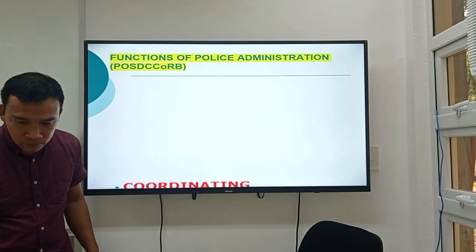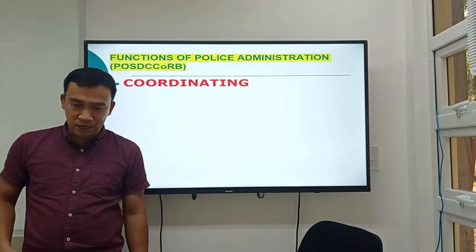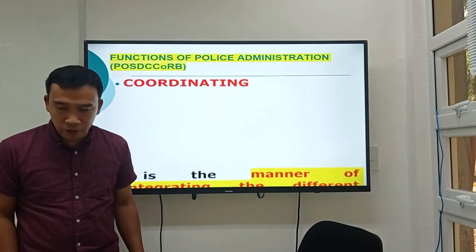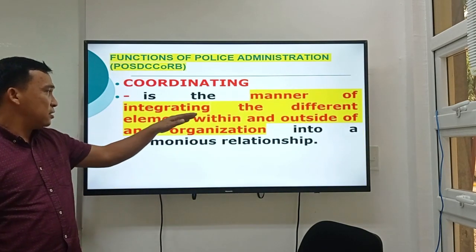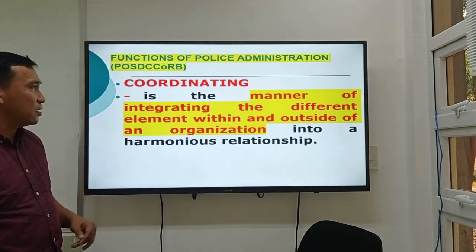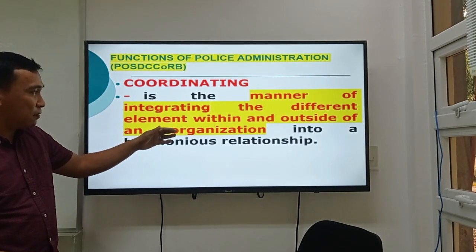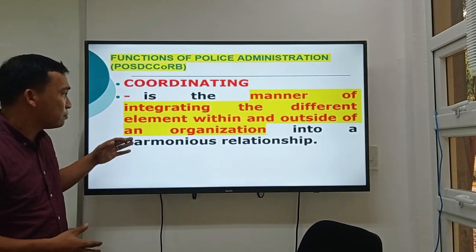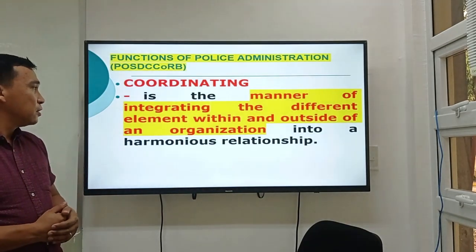Next, coordinating. Another function of police organization is coordinating, meaning it is the manner of integrating the different element within and outside of an organization into harmonious relationship.